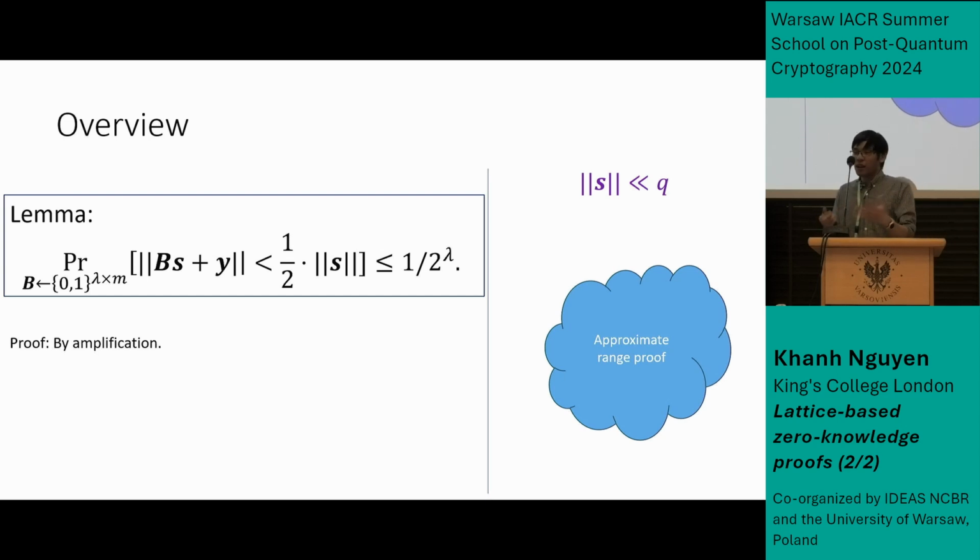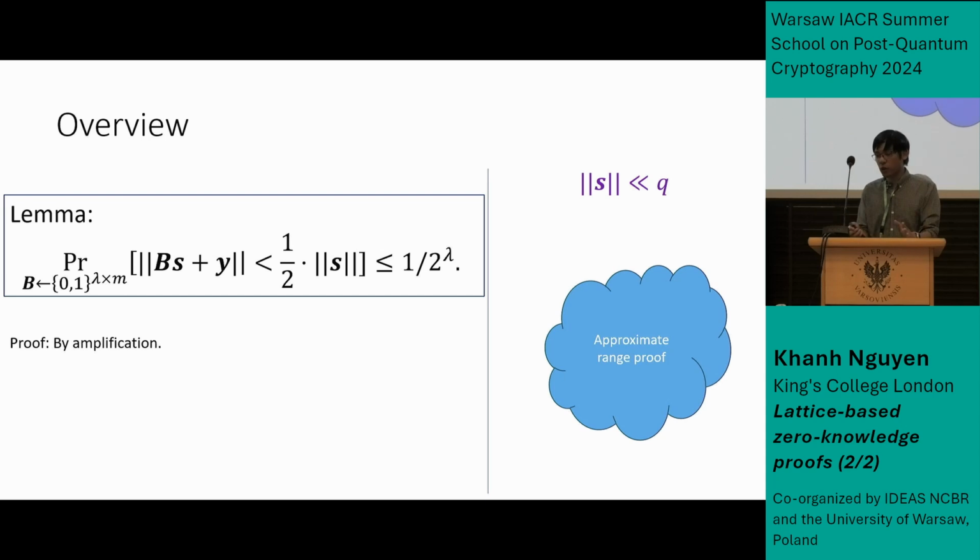Now maybe you can say this lemma is kind of useless, but by repeating this experiment lambda times, I get that for any S and Y, with overwhelming probability, the norm of BS plus Y must be bigger than the norm of S divided by 2.